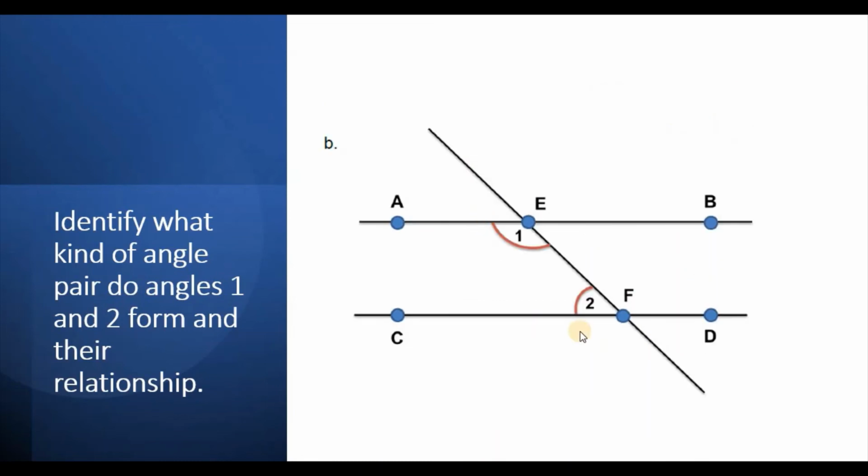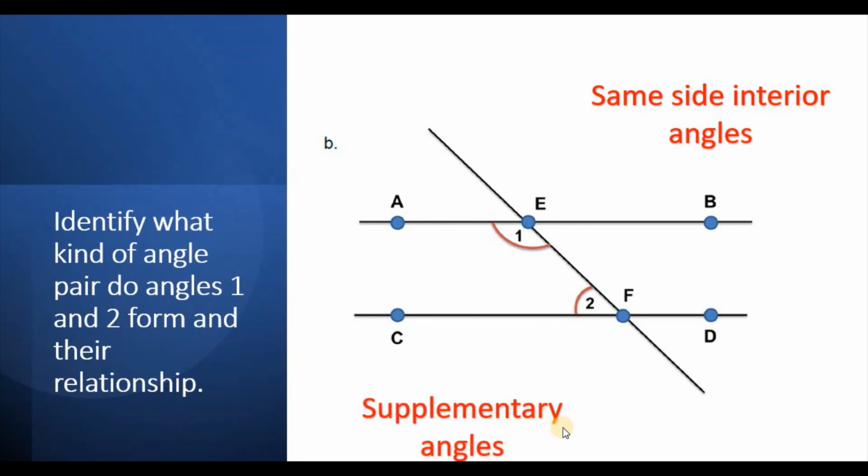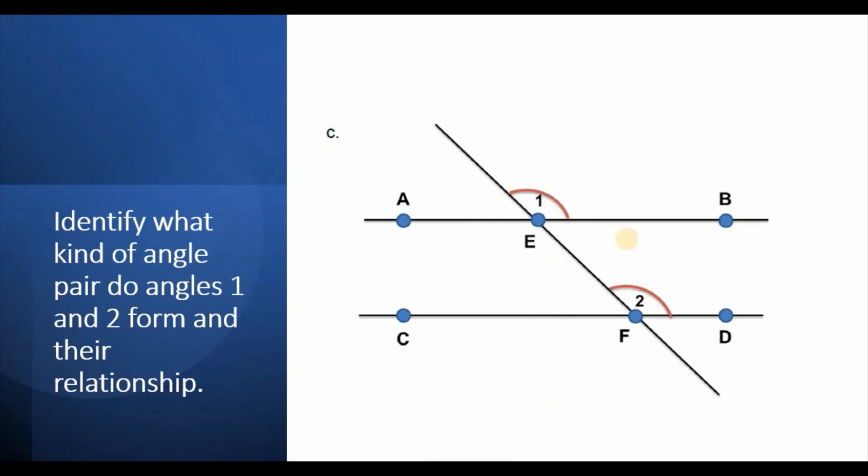For letter B, what kind of angle pair? So these are same side interior angles, right? And their relationship, they are supplementary angles. Their sum is equal to 180 degrees. Next one. How about this?